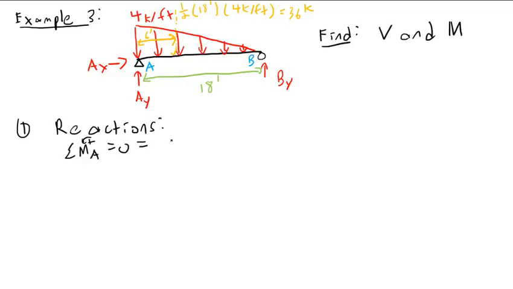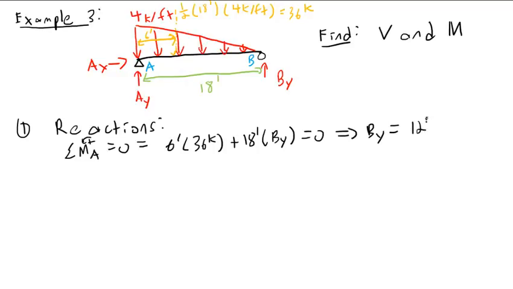I'll do 6 feet times 36 kips plus 18 feet times BY equals 0. And from this, I will get that BY is equal to 12 kips upward.